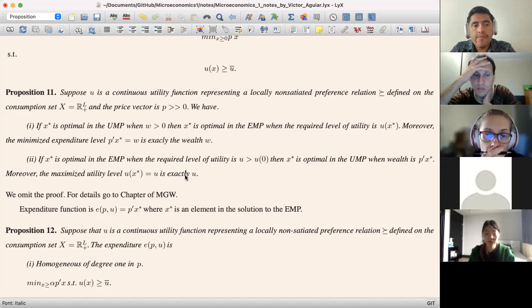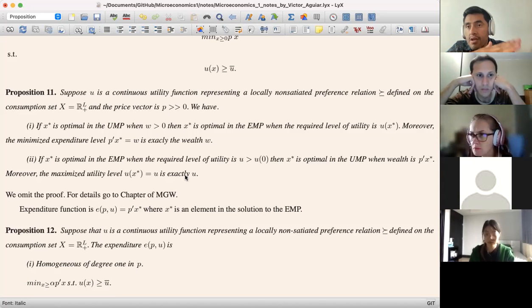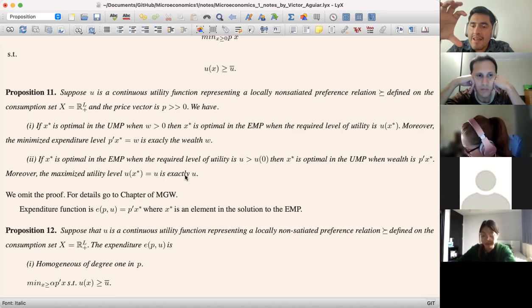It comes from Mas-Colell. It's telling you that these two are the mirror images, right? And essentially, what this is telling you is that if you feed the optimal indirect utility to the expenditure minimization problem, and you solve it, the demand that you obtain from the expenditure minimization problem is the same as the Marshallian demand that we studied, okay?